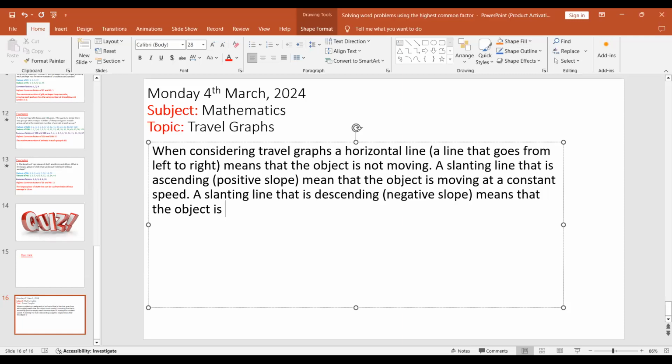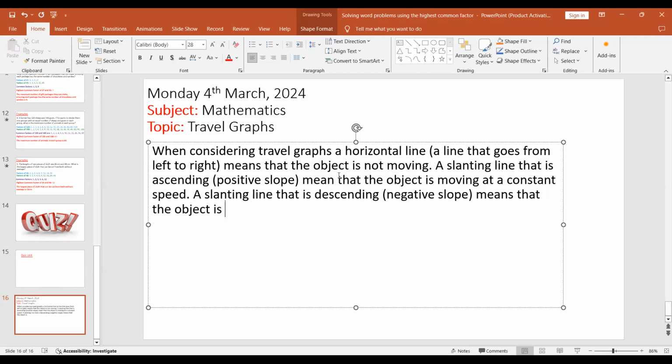If we have a positive slope, the line is ascending, going up, and that means the object is moving at a constant speed. If we have a horizontal line, the object is not moving.